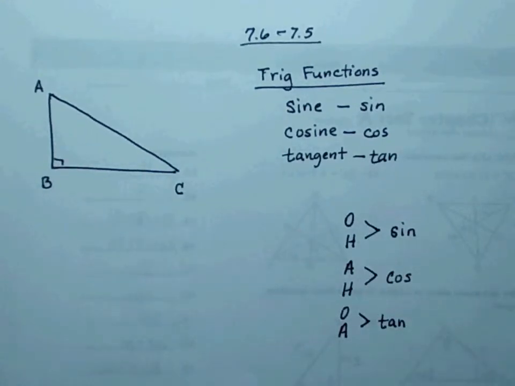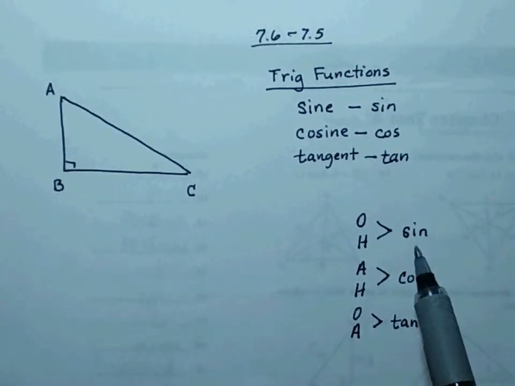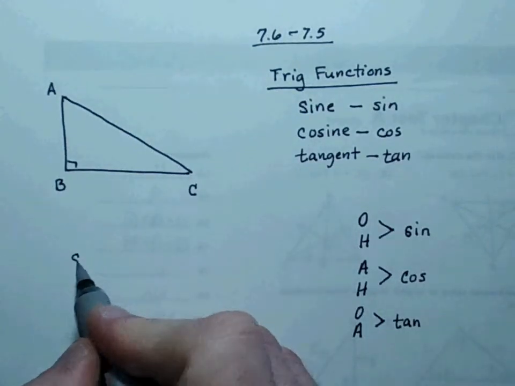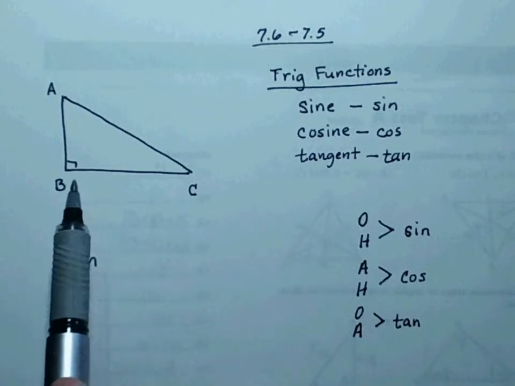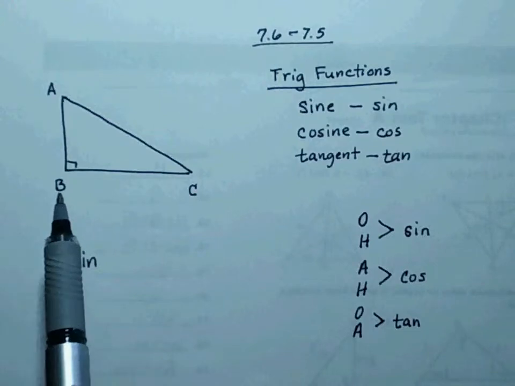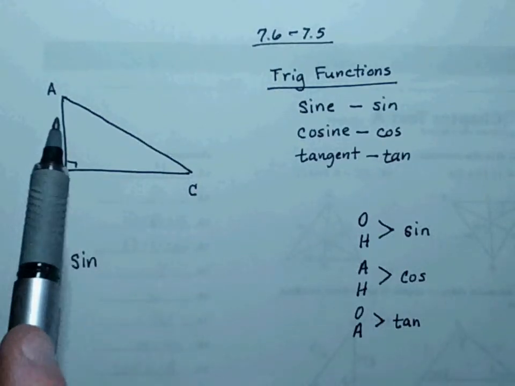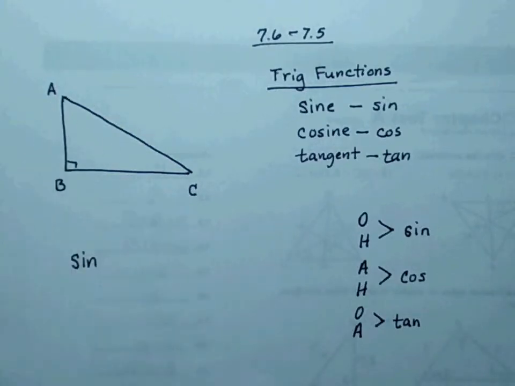So let's take sine, for example. I want to take the sine of one of my angles. Now, we won't ever take sine, cosine, and tangent of this angle because we know that this is the right angle. We know it's 90 degrees, so we don't have to mess with that. But we can take sine, cosine, and tangent of A or C, the other two angles in our right triangle.